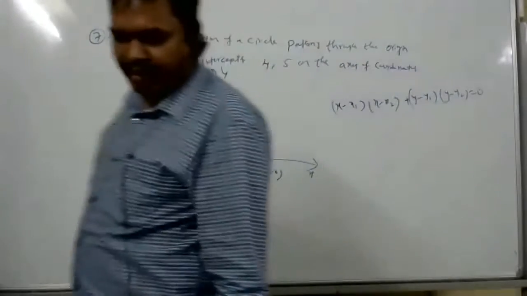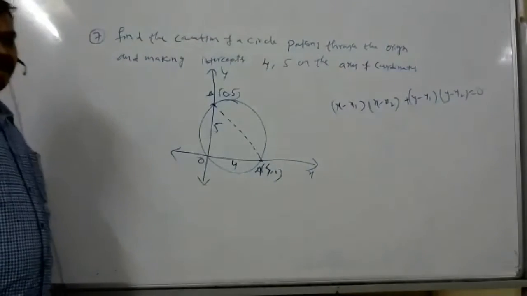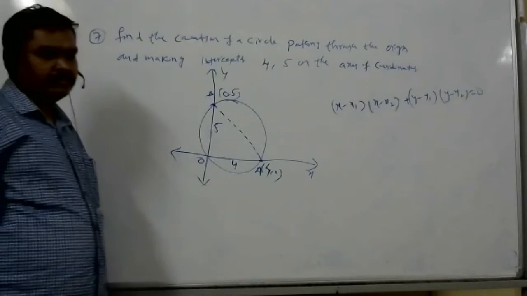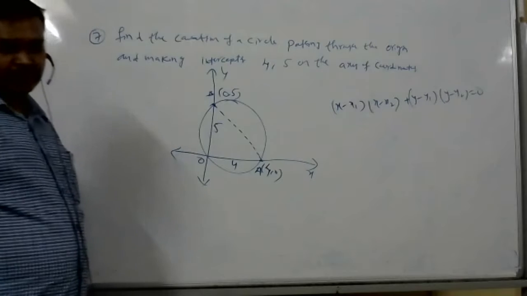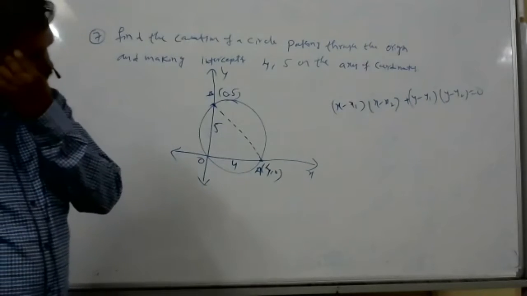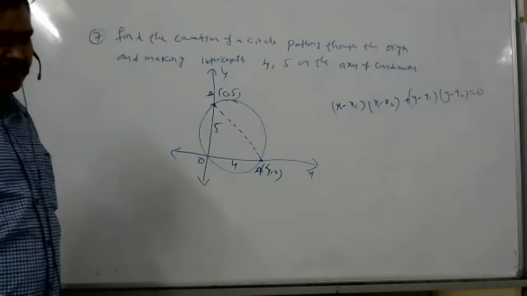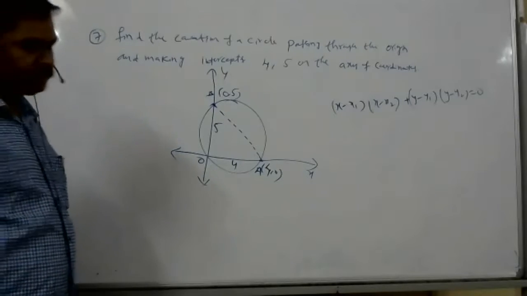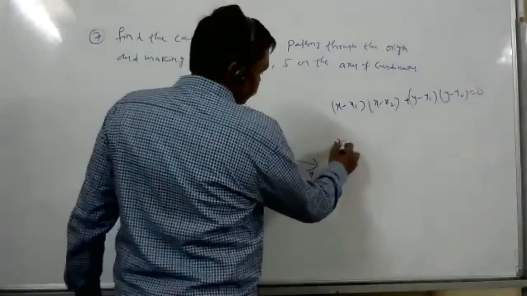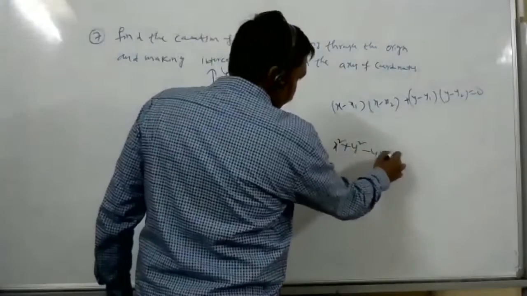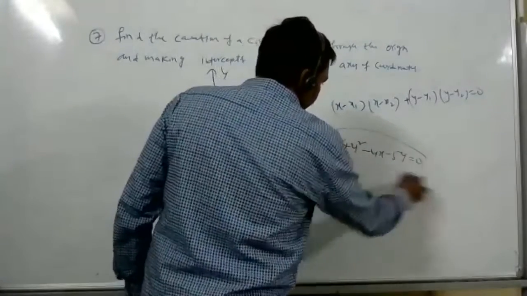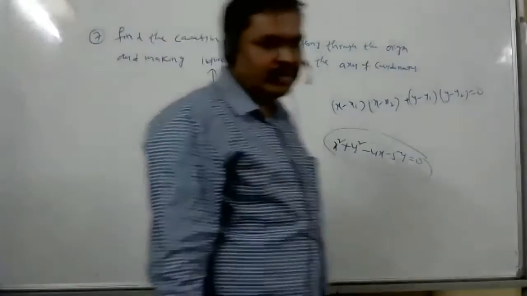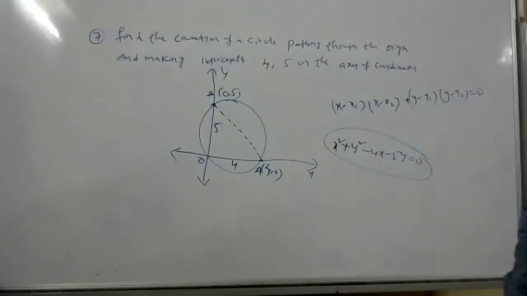Then substituting, this is the answer: x square plus y square minus 4x minus 5y is equal to 0.